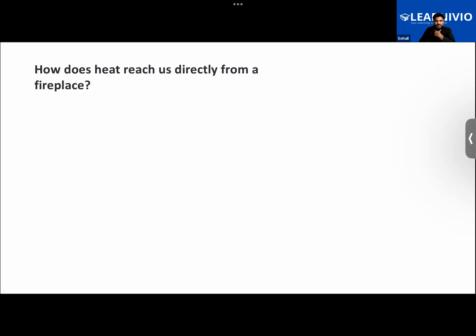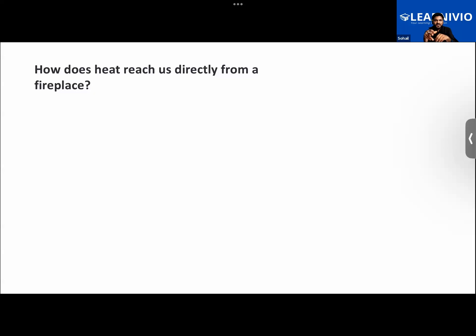You can observe this in this manner: when you are out there in sunlight, you feel the heat because of the sun's rays, because of the sunlight that is falling on your body. But let's say you are in open air, and you are under a shade.